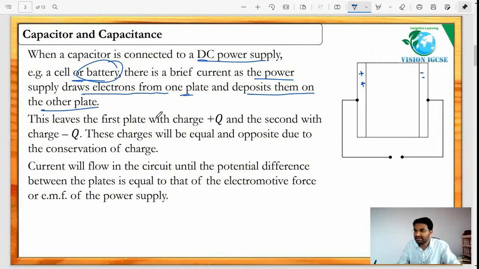This leaves the first plate with positive charge Q, and the second plate with negative charge. This charge will be equal and opposite due to conservation of charge.